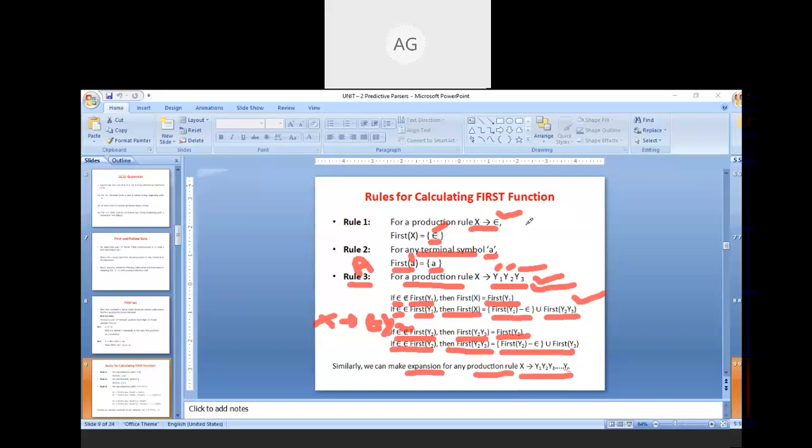Rule 1 is for epsilon, rule 2 is for terminals, which are very easy, but the third rule is somewhat complex, because in the third rule the right hand side will contain the non-terminal. Just remember this, and once we solve the questions, you will be very comfortable in finding the first. So let's move to the next slide.